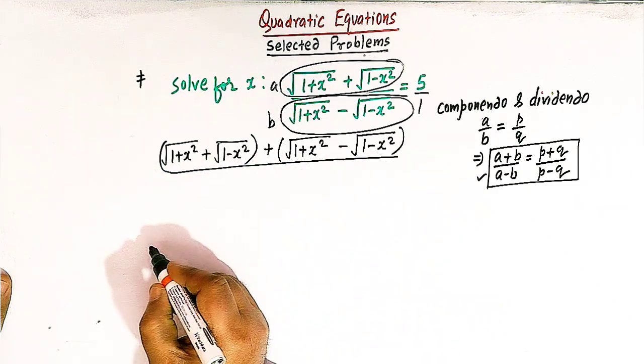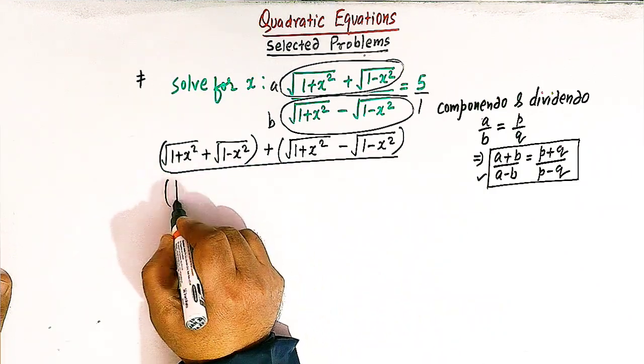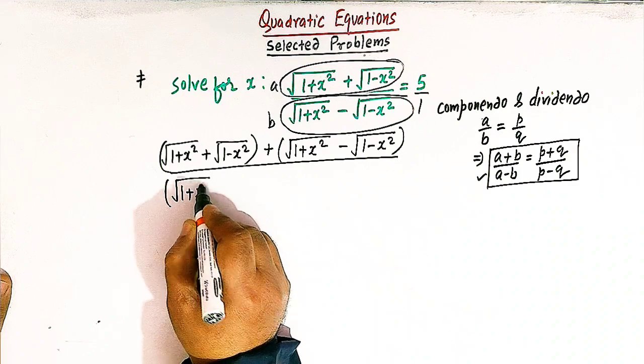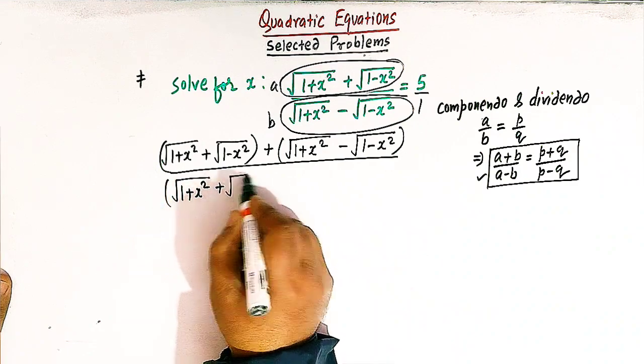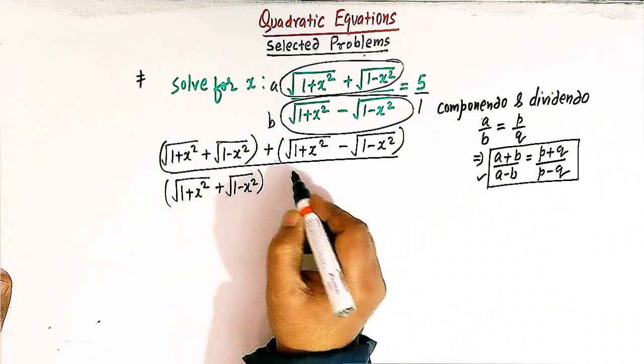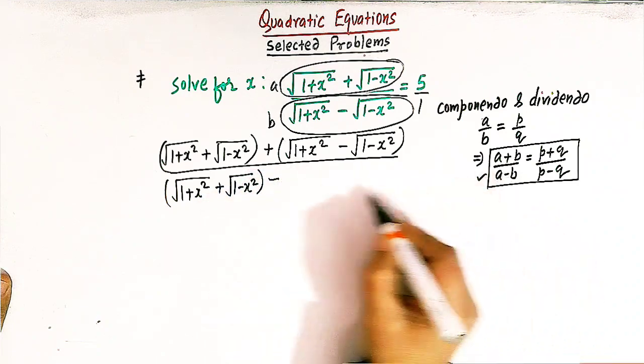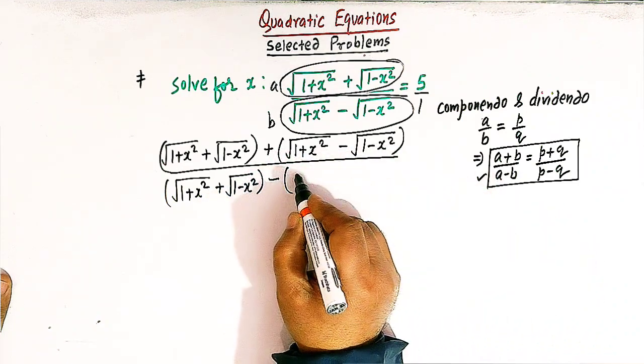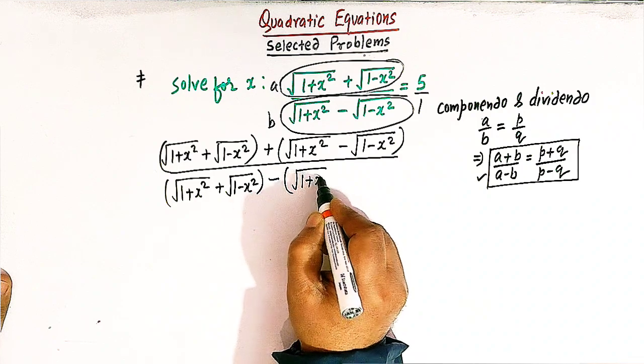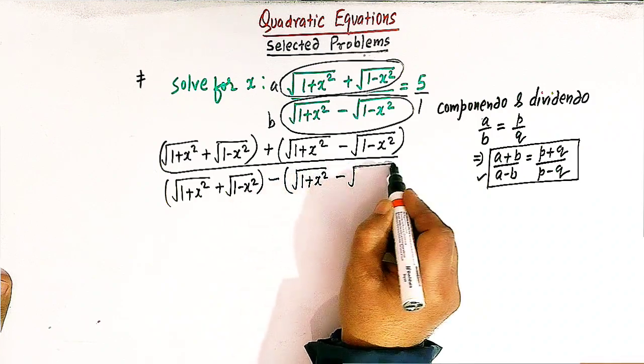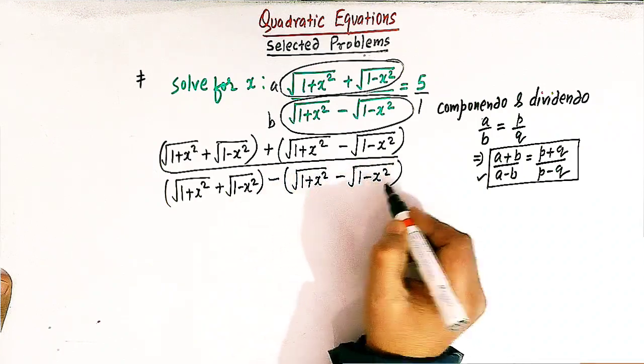And in the denominator, A minus B: we have square root of 1 plus x square plus square root of 1 minus x square, then the negative sign, and then the term square root of 1 plus x square minus square root of 1 minus x square.